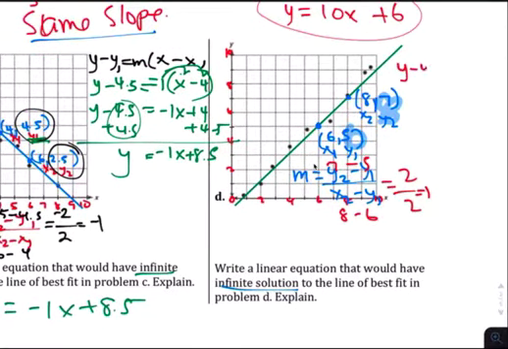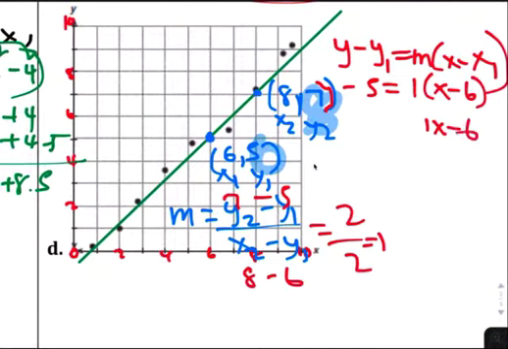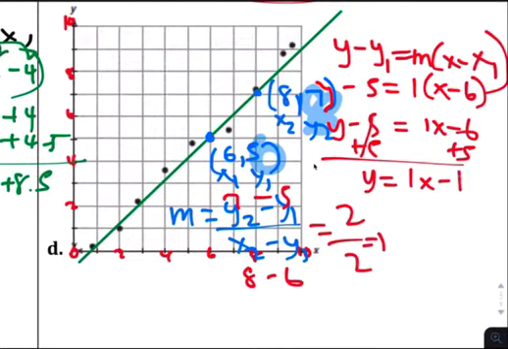Y minus y sub 1 equals m parentheses x minus x sub 1. Y minus y sub 1 is 5 equals m. M is 1. X minus 6, so 1x minus 6. Y minus 5, add 5. Y equals 1x minus 1.